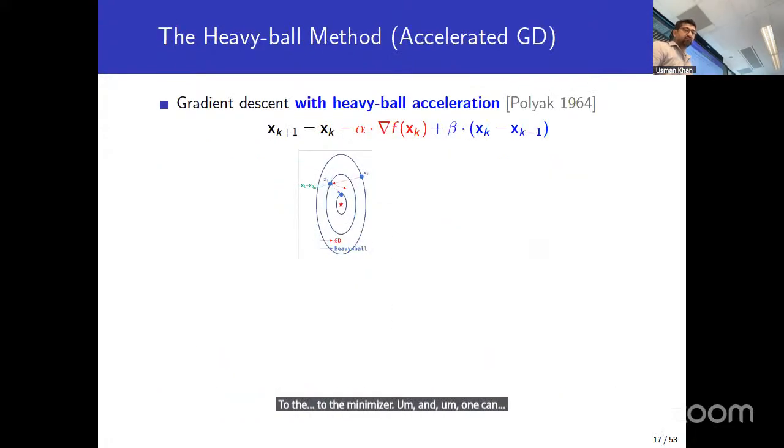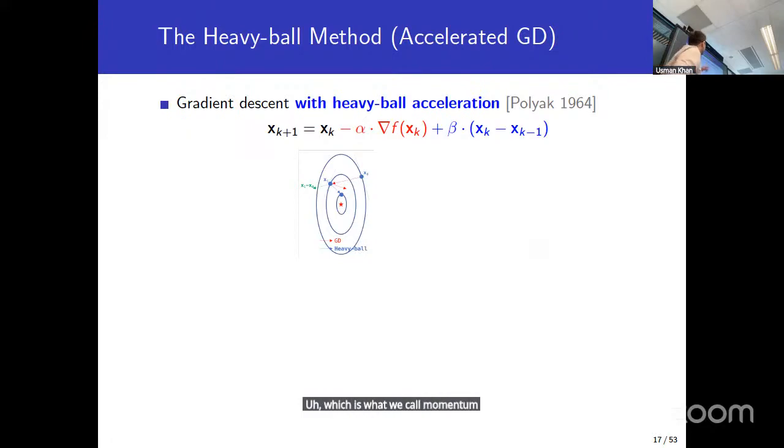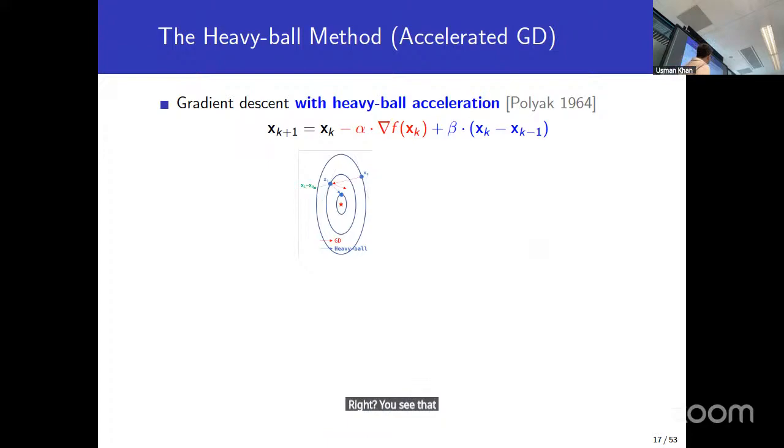One can improve the convergence by looking at a second order term, which is what we call momentum. So basically, if you take 2 points, x0 and x1, and you look at the x1 minus x0 vector, which is in this direction, right? You see that my algorithm now takes a linear combination of my x1 minus x0 and the gradient, red, right?